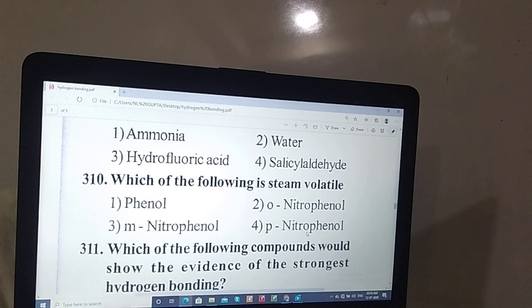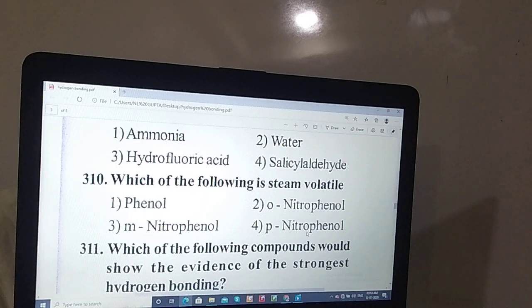Metanitrophenol is also not steam volatile. Paranitrophenol has intermolecular hydrogen bonding. Orthonitrophenol has intramolecular hydrogen bonding. As a result, it is steam volatile. When you heat it, it will convert into vapors.